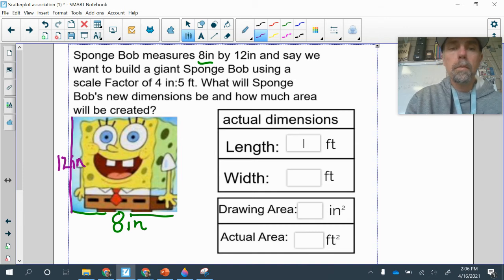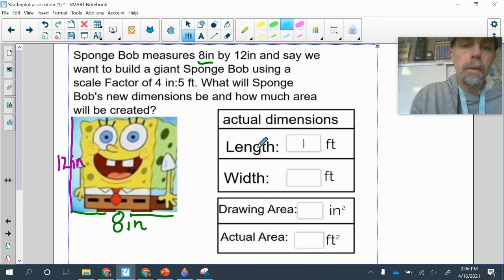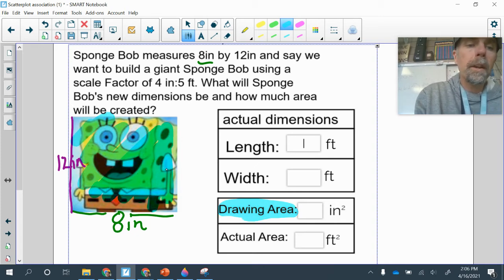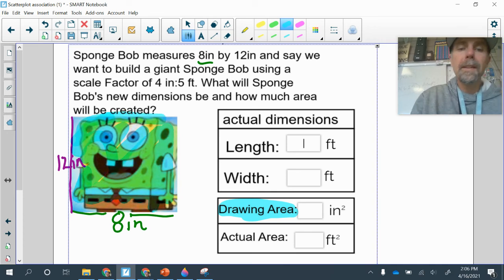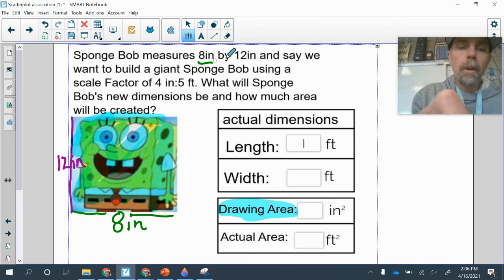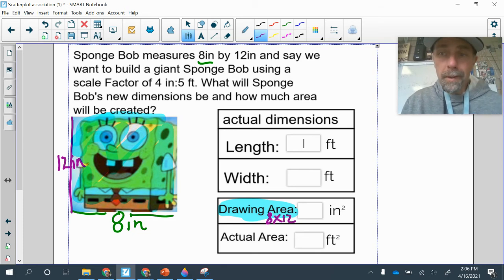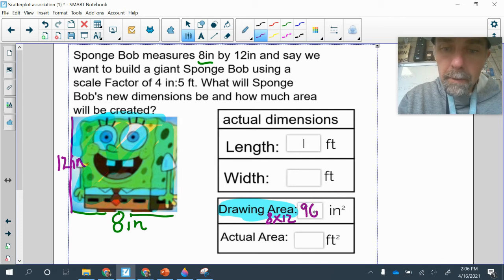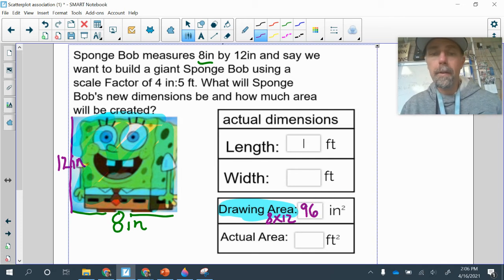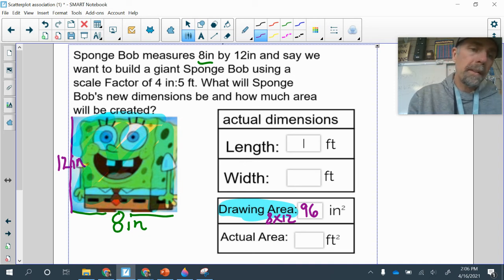So seeing as how this wants the drawing area, why don't we find the area of this drawing right now? That's him right here. This is his area, the part inside. So to find the drawing area, you just do 8 times 12. You could type that into your calculator, or trust me, it's 96 inches squared. So that's the drawing, okay?